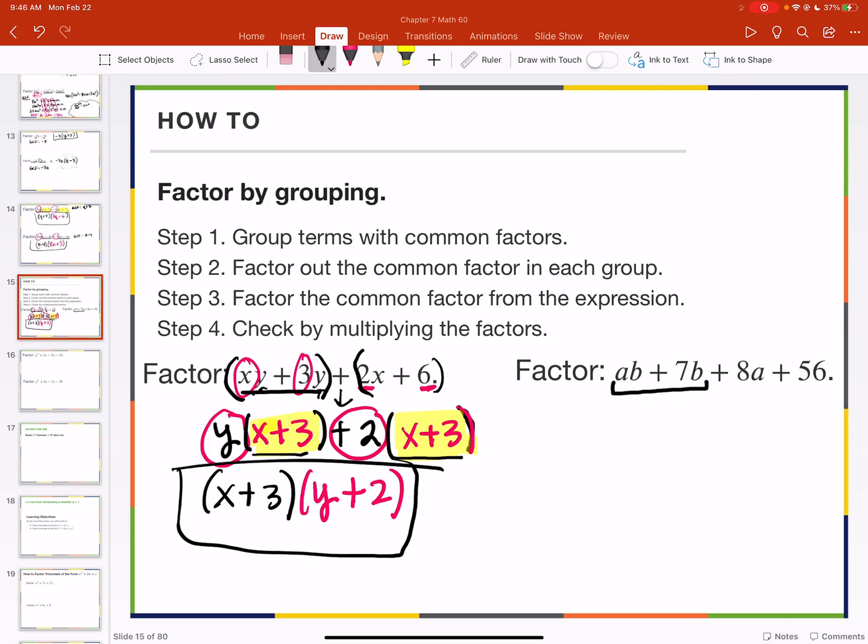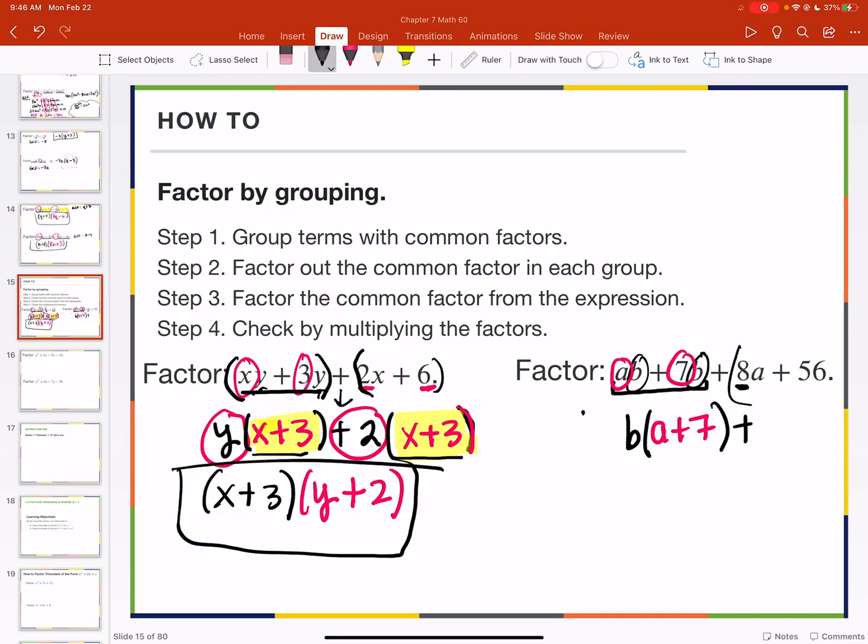All right, so look at these first 2. What's the GCF here? Okay, it's a b. So b here. And then what's left is an a and a plus 7. So a plus 7. Okay, and then plus, and then you think to yourself, okay, what divides into 8 and 56?